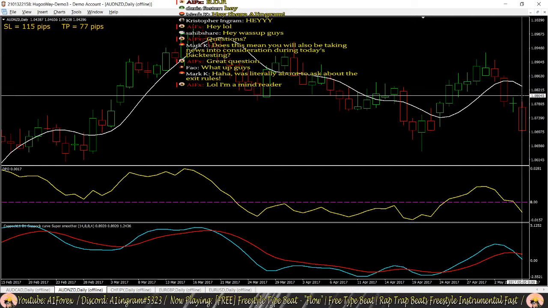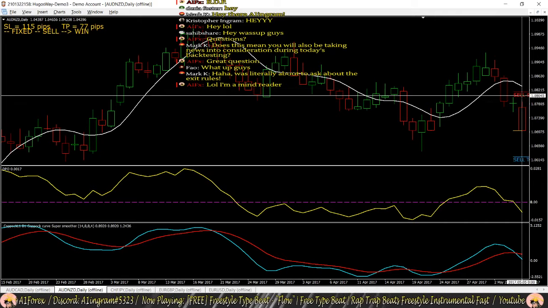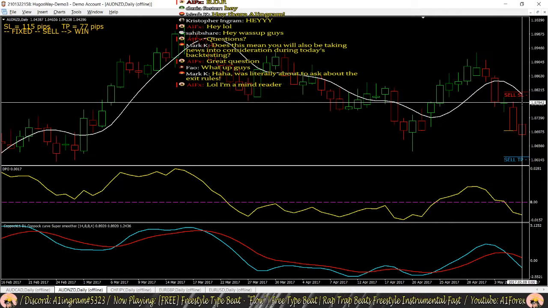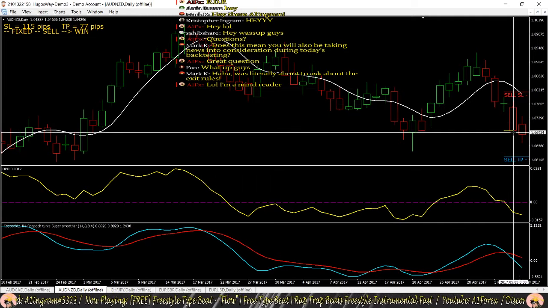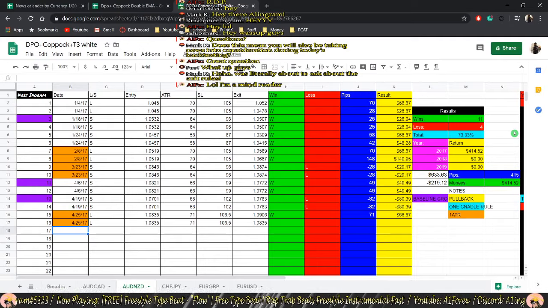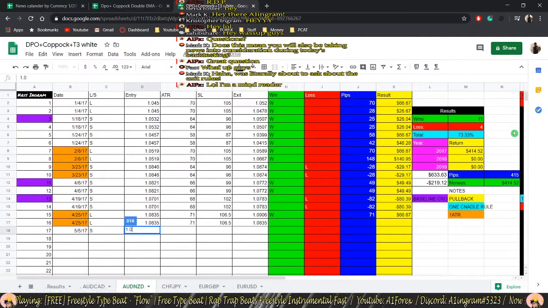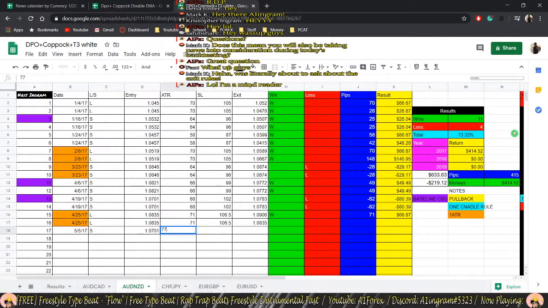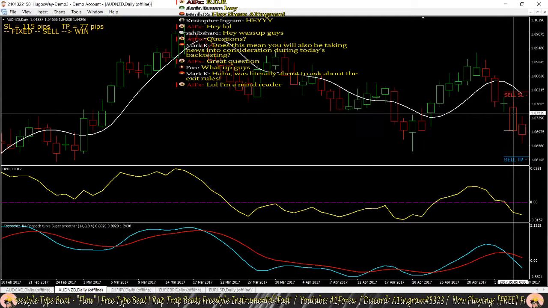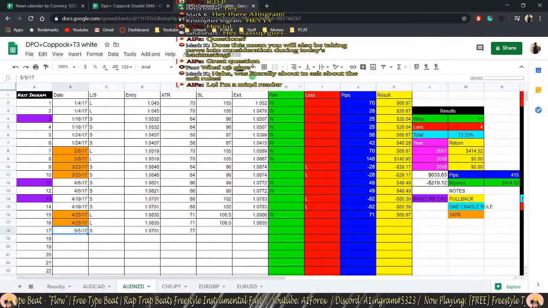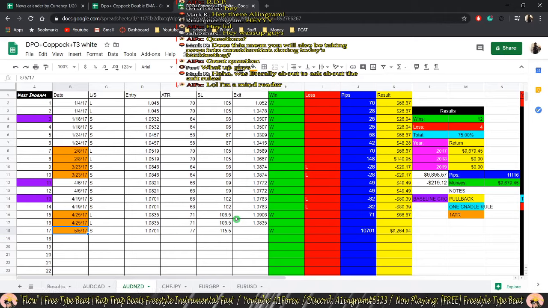So let's see if we had a pullback opportunity. No pullback opportunity. So we will just mark that down as 1 ATR. Go ahead and mark that before I forget.